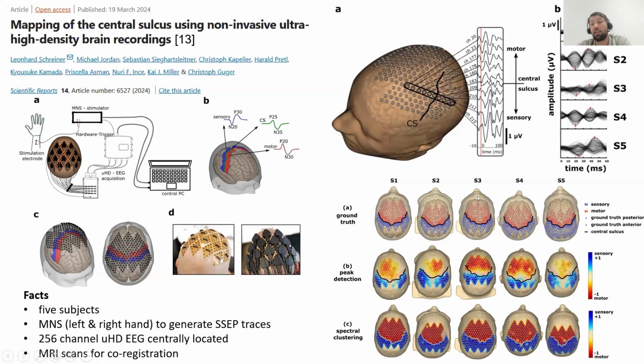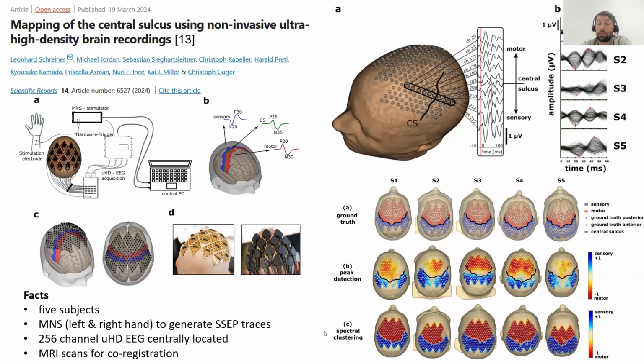And we use that with different approaches here to map the central sulcus. So we used a peak detection method and a spectral clustering to delineate the pre- and post-central area of the central sulcus using the inversion of this phase, and we could delineate it quite nicely with an accuracy of 95%.